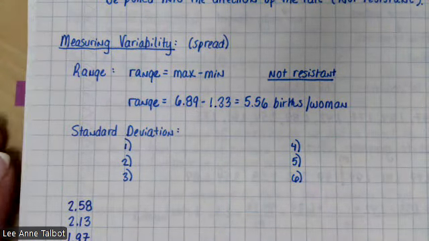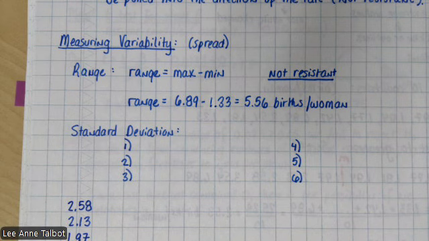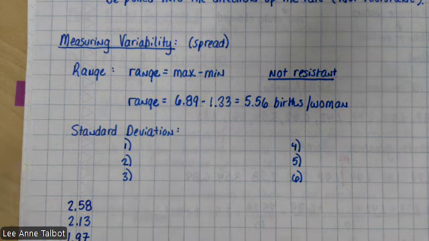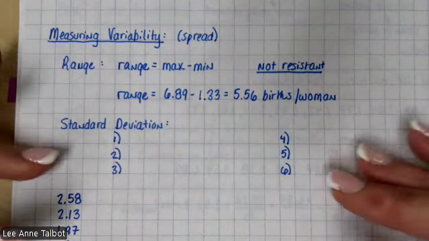So my range is 5.56 births per woman. I figure that's a pretty big range. If you know anything about how many kids that you would have at home, I feel like that's a very large difference between countries. Okay, so as I said, not super useful. Sometimes it's your only option.